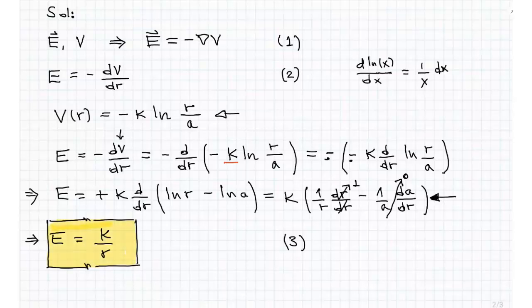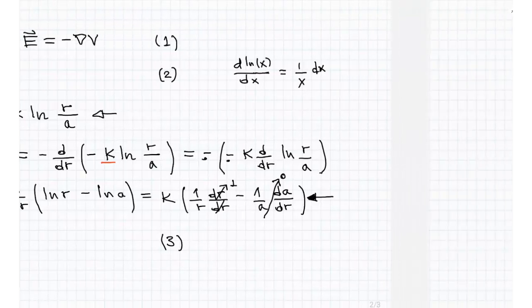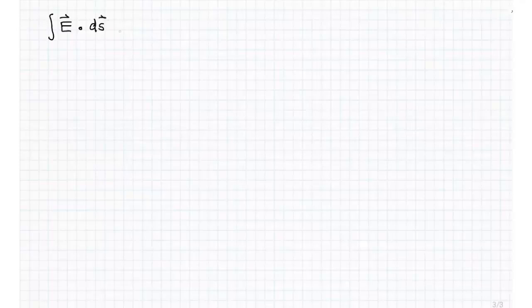Okay guys, now I will use Gauss's theorem. As we know, Gauss's theorem states that for a closed region of space, the integral of the electric field E dot dS is equal to the summation of the charges inside the Gaussian surface divided by the electrical permittivity in the vacuum.